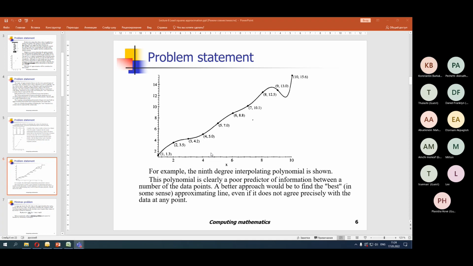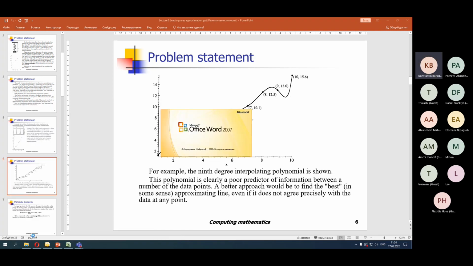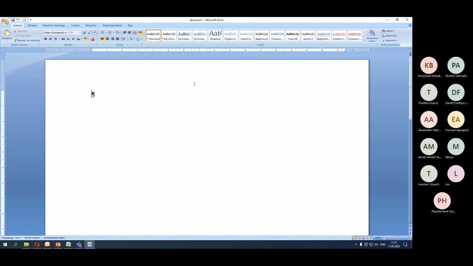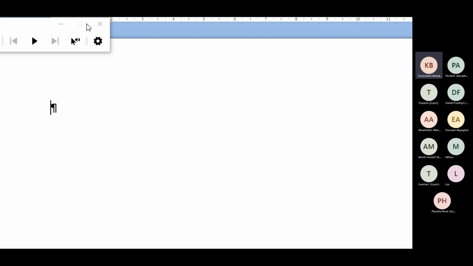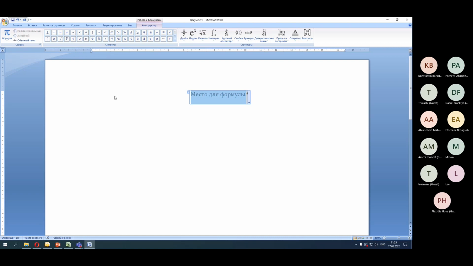And when I tell you to find the line, what does it mean? What is the meaning of the words find the line? I just want to type here a formula. What is the formula of a line?